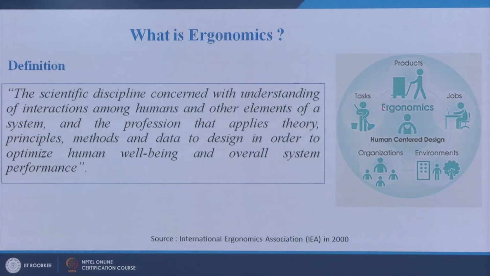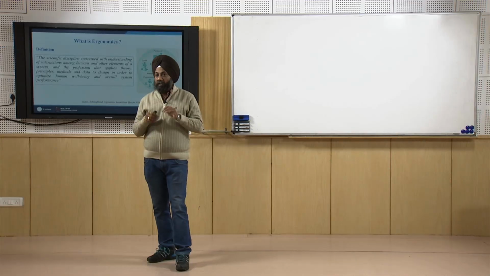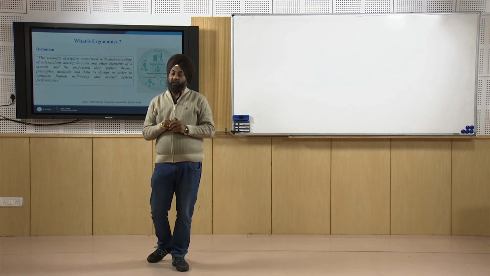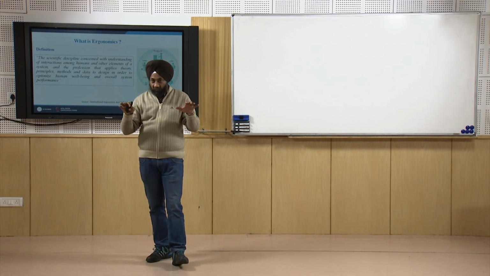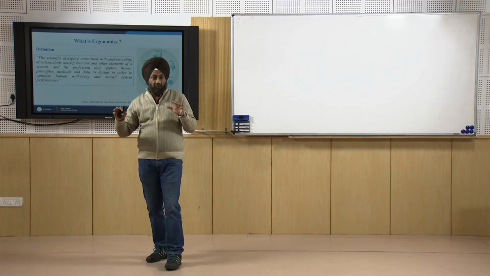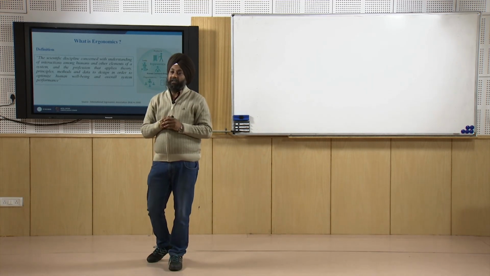For different tasks we can design this broom in such a way that the productivity of this worker improves. Similarly, in organizations also the concept of ergonomics can be used. For example, the design of the workspace. Suppose 10 employees have to work together on a project, each one of them require their individual space. How to design the workplace or the floor in such a way that the productivity of each and every employee is maximum as well as the overall system productivity is maximum.